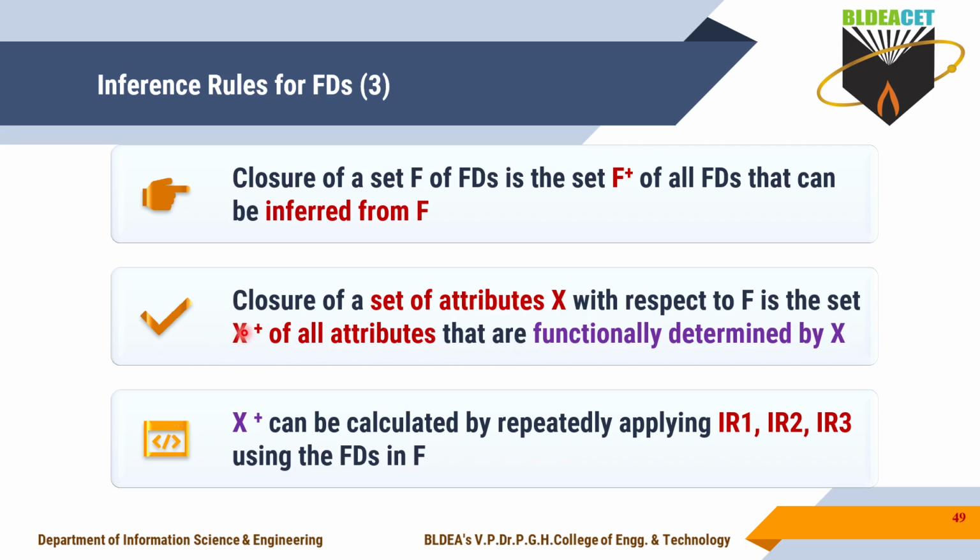It is denoted like this: X plus is the set of all attributes derived from the given functional dependencies with the help of the inference rules.